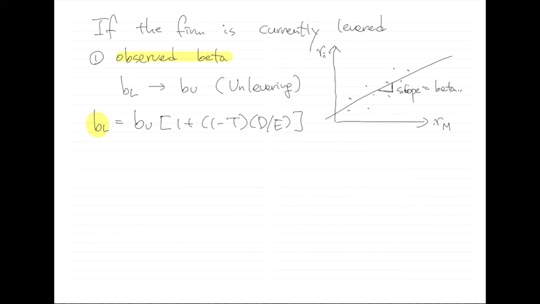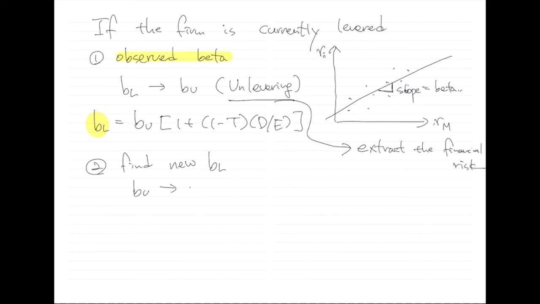We also call the unleveling process extracting the financial risk. And then secondly, you can find the new levered beta. From BU to new BL, we say this is re-levering.